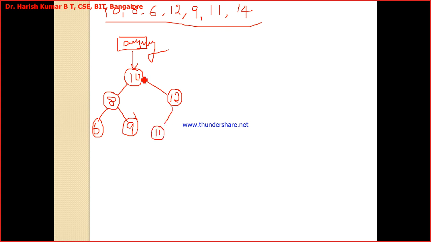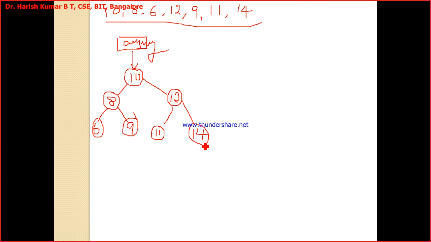Then 14 is bigger than 10, and bigger than 12, so it gets inserted towards the right side of 12. So this is the binary tree constructed.